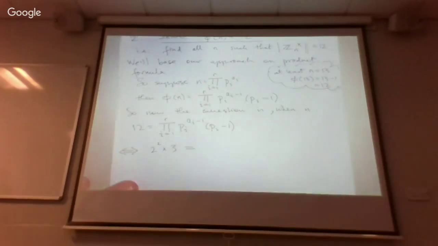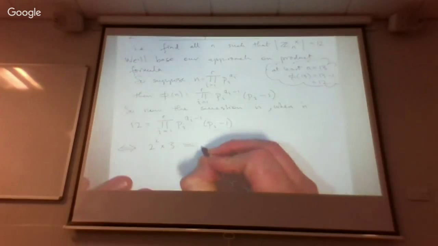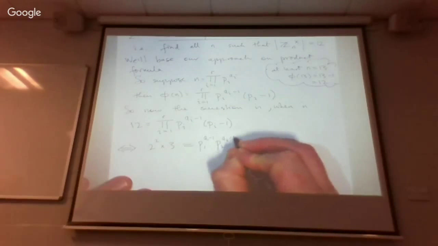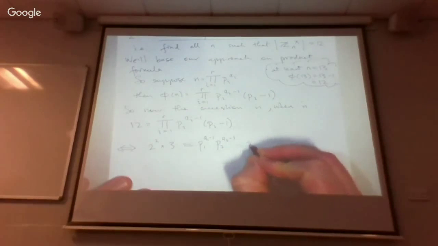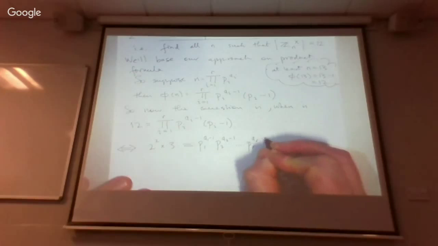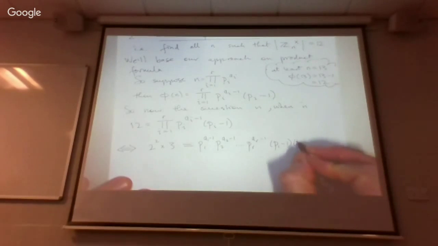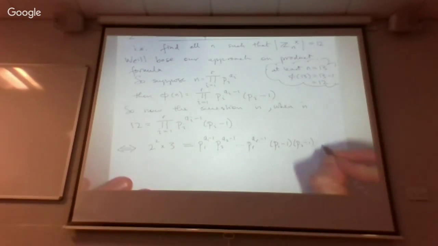So that has to be equal to p_1 to the a_1 minus 1, p_2 to the a_2 minus 1, up to p_r to the a_r minus 1, and then you have all these other factors, p_1 minus 1, p_2 minus 1, up to p_r minus 1.